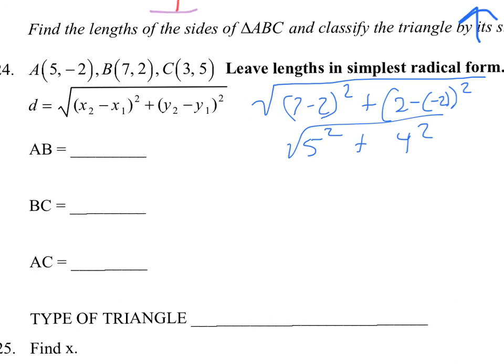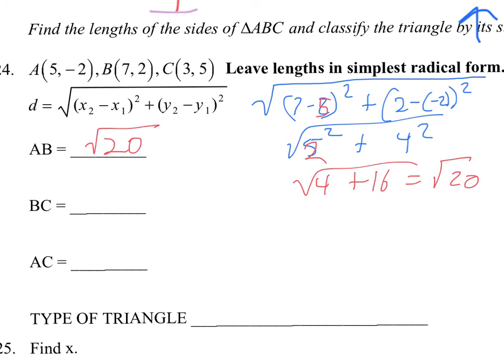And it's not erasing for some reason. Let's rewrite this. We should have had 7 minus 5, which would leave us with 2 squared. I wrote that wrong. So 2 squared would be 4. 4 squared would be 16. That's equal to the square root of 20. So AB has a distance of radical 20. We'll just leave it unsimplified for now.